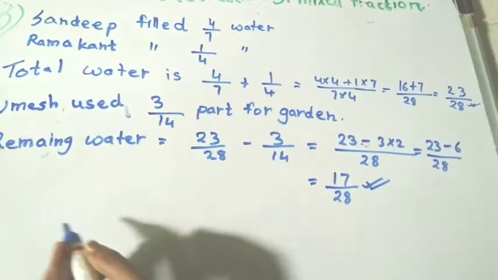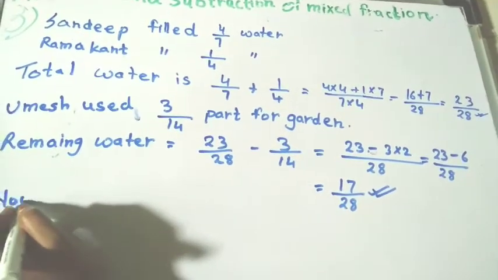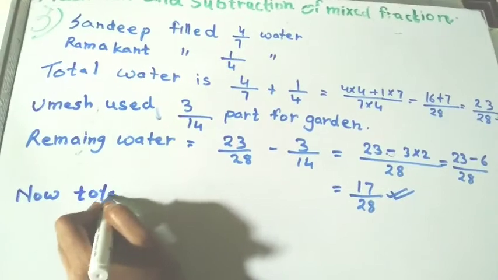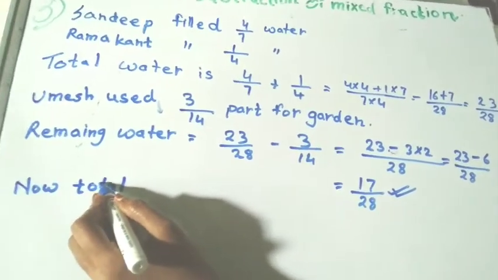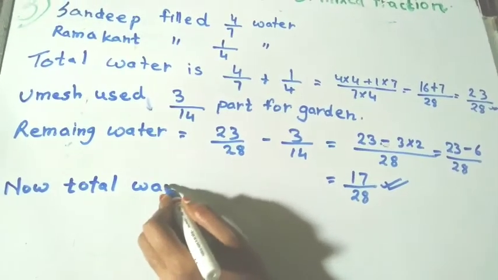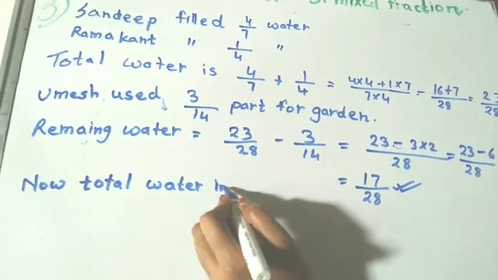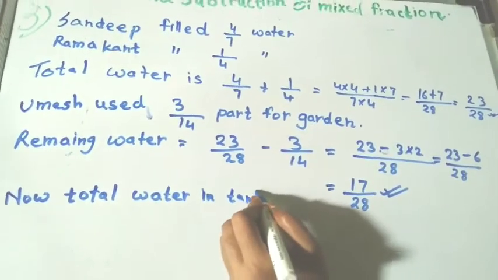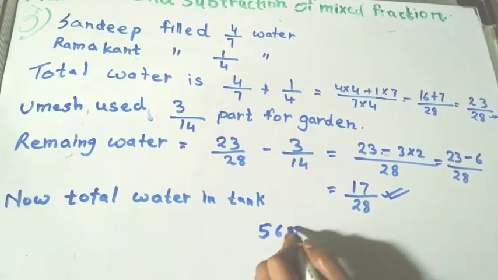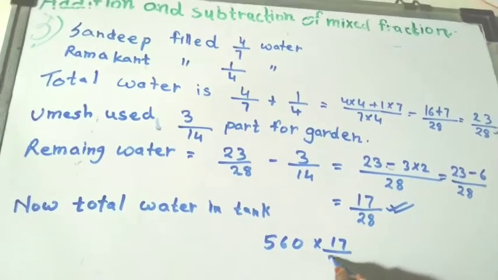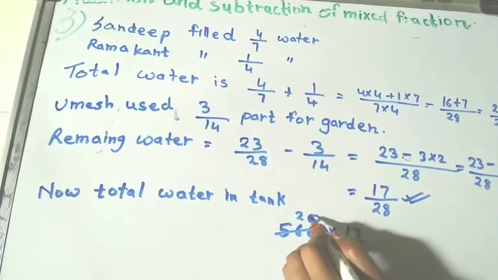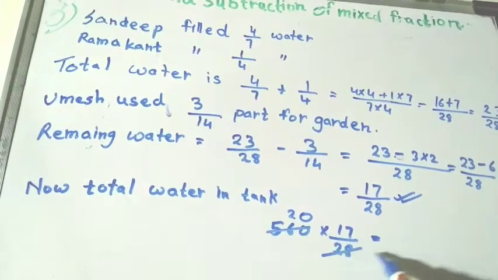It means the total water in the tank now is 560 liters times 17 by 28. 28 to the 560 is 20, and 20 times 17 is 340.